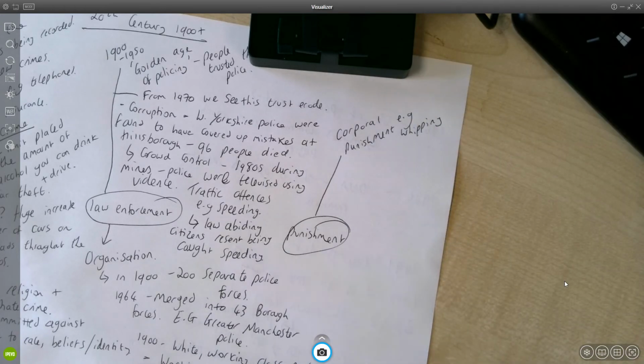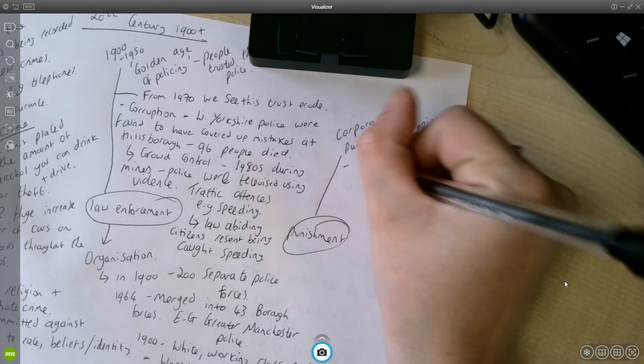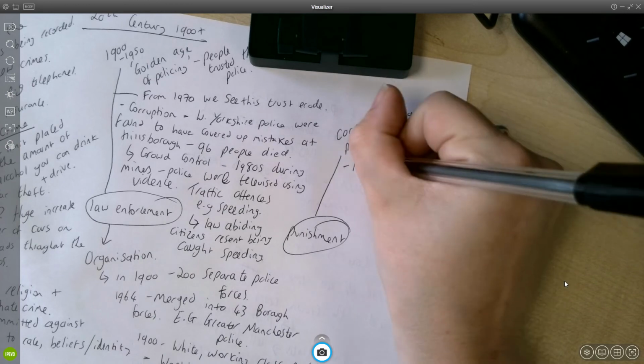It's been used as a punishment throughout the medieval, early modern period, right up to the 20th century. And it had even been used as a further punishment in prison. So if you misbehaved in prison, corporal punishment could be used to make sure you behaved.